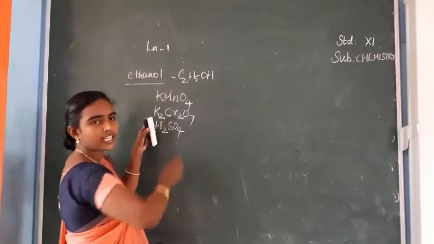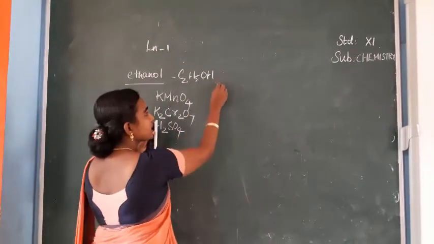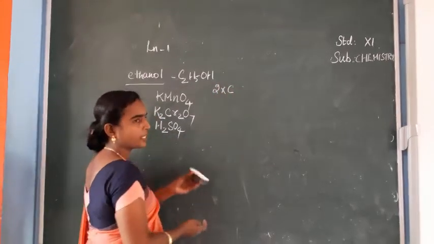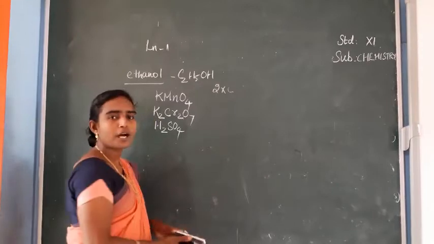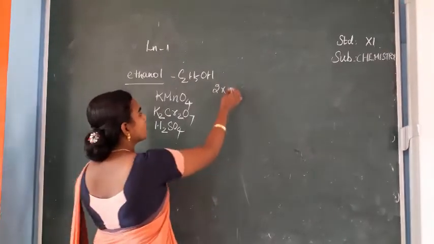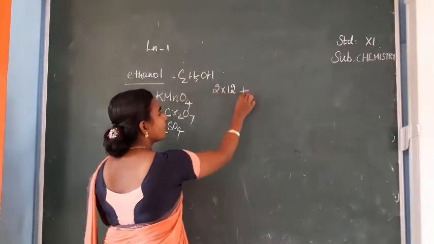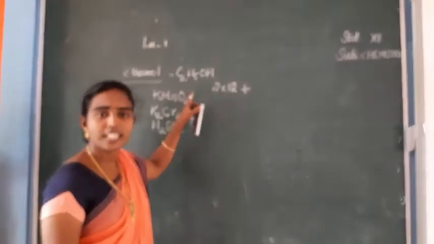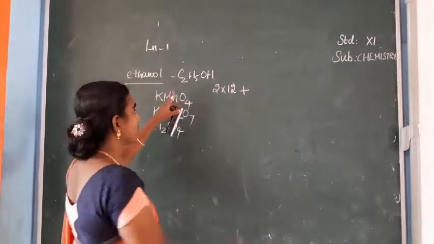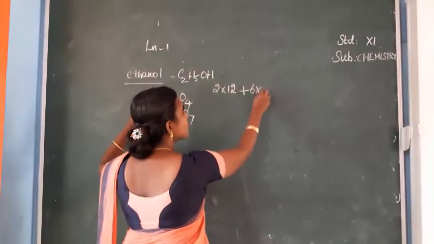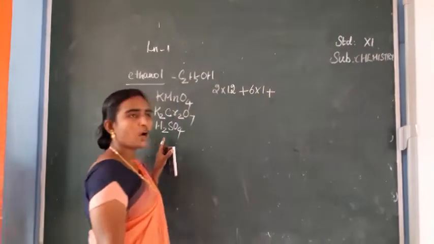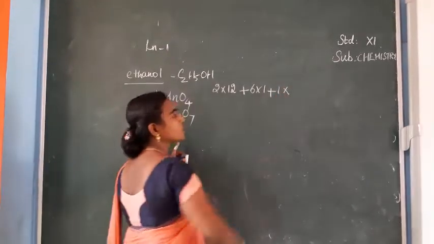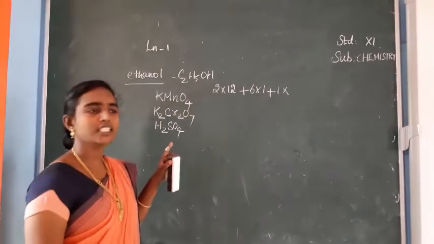If you consider ethanol, how many carbons are there? 2 carbon. 2 into the atomic mass of carbon, which is 12. So 2 into 12 plus, how many hydrogen atoms are there? 6 hydrogen atoms, so 6 into 1 plus, how many oxygen? 1 oxygen, that is 1 into the atomic mass of oxygen, 16.